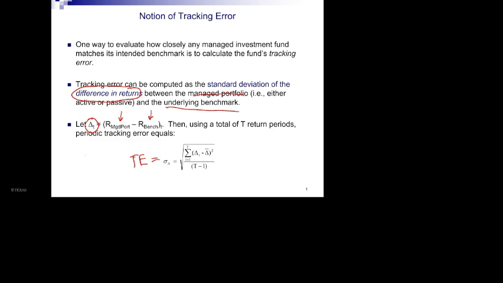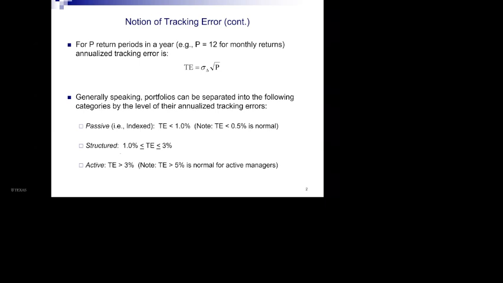This is going to be what we'll call the periodic tracking error, because it's going to be a number that will be relevant to the particular periods in which the returns are produced. So if you have monthly returns, it would be a monthly number. If you have quarterly returns, it would be a quarterly number, and so on. Almost always you'll see tracking error reported on an annualized basis.